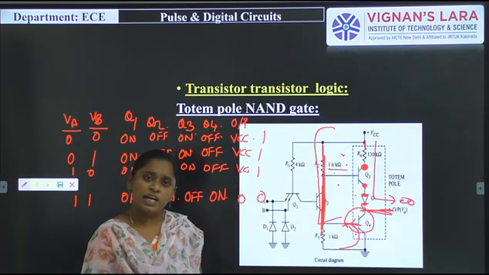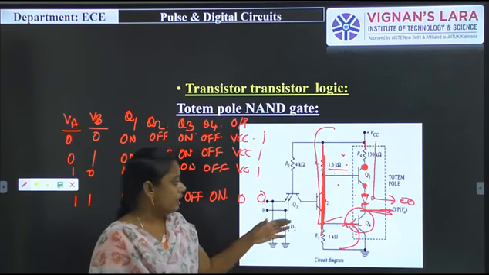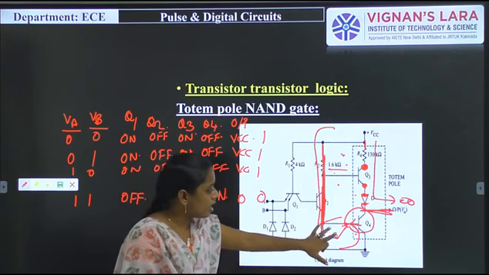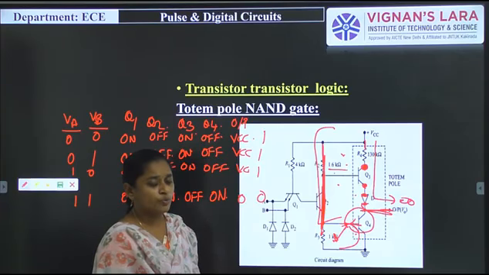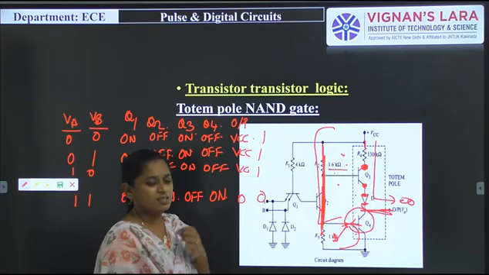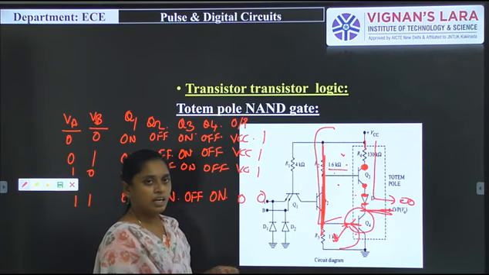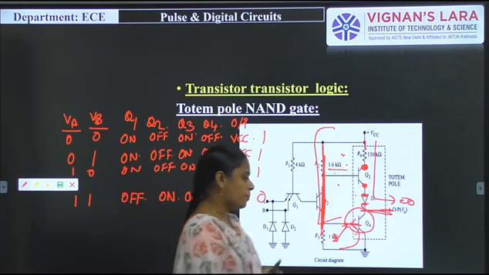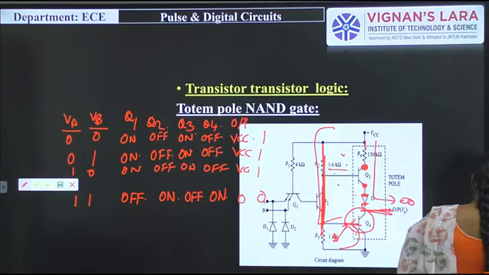So maybe Q3 and Q4 will be on at the same time. So in that particular time, Q3 and Q4 are on in particular situations. Due to this condition, it produces more power consumption. So this is a major drawback of this particular condition.